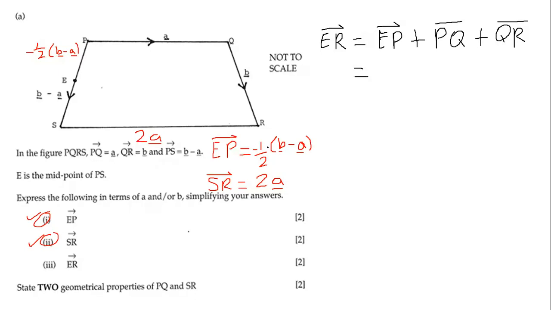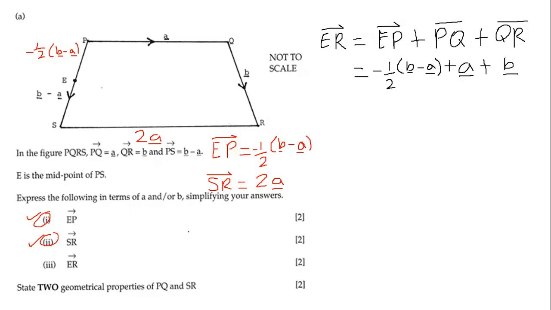Well, we saw that EP was negative a half of B minus A, so we'll put negative a half of B bar minus A bar. Now, what is the vector PQ? Well, PQ is equal to A bar, so it's going to be plus A bar, and QR is going to be equal to B bar.